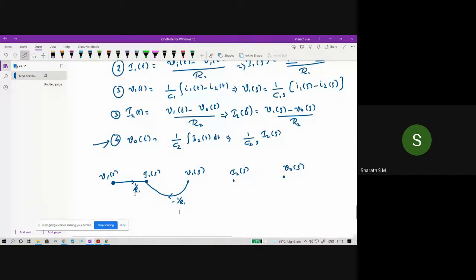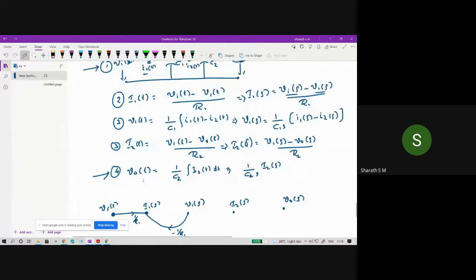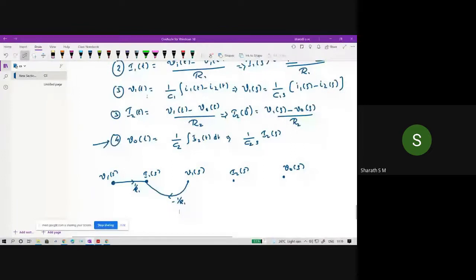The same way, to write down for V1. So V1 is equal to 1 over C1s into I1s. So how to write down this? V1 of S is equal to 1 over C1s into I1. That is acting as a forward path. So I1 is a forward path because of the positive sign. That is 1 over C1s, minus I2 is there. What does that negative sign indicate?